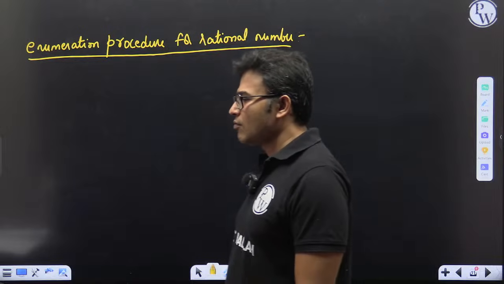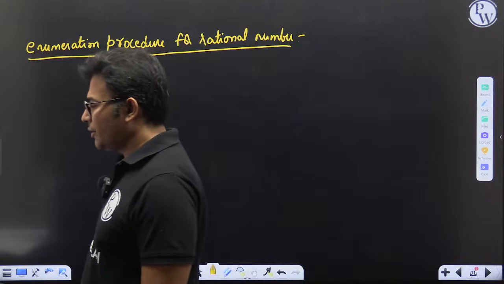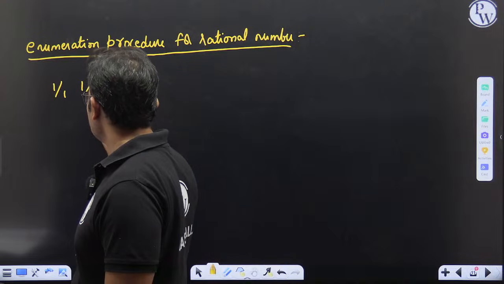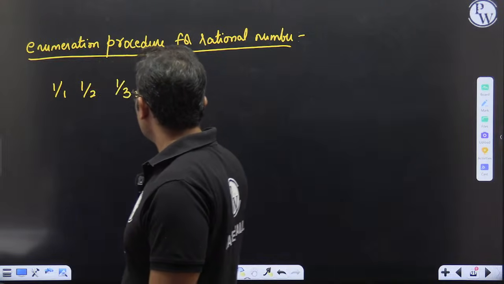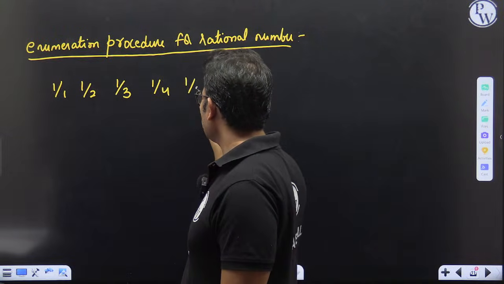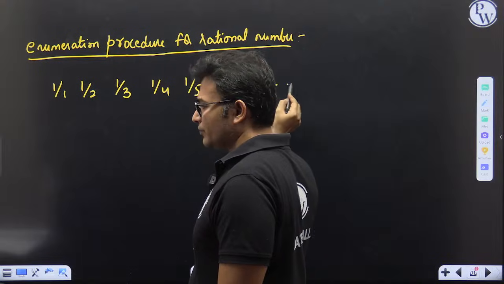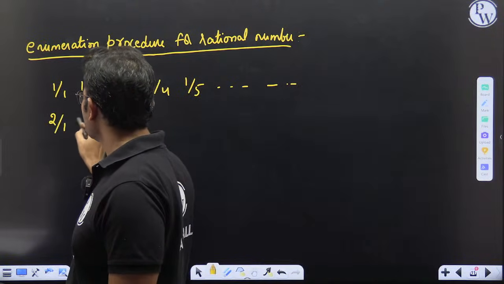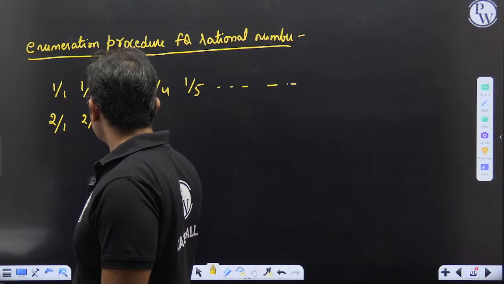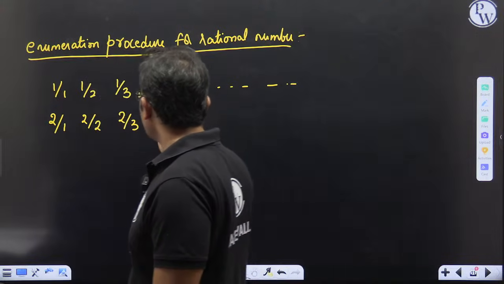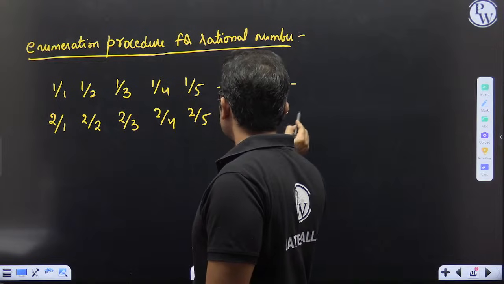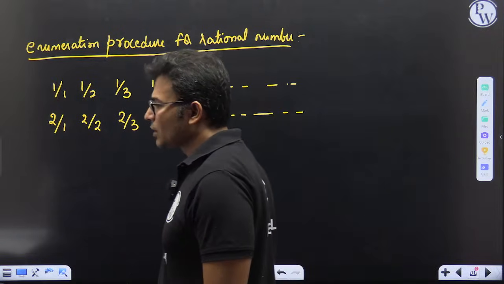So, what are rational numbers? Rational numbers are 1 by 1, 1 by 2, 1 by 3, 1 by 4, 1 by 5, and so on, right? And then 2 by 1, 2 by 2, 2 by 3, which means P by Q form, 2 by 4, 2 by 5, and so on.